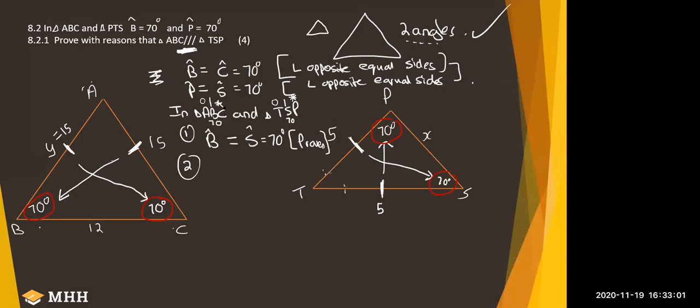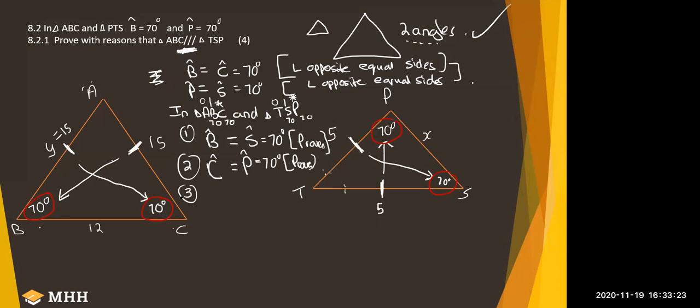Right, angle C is also 70, and P is 70. That one is equal to angle P. Proven, because I already proved it.